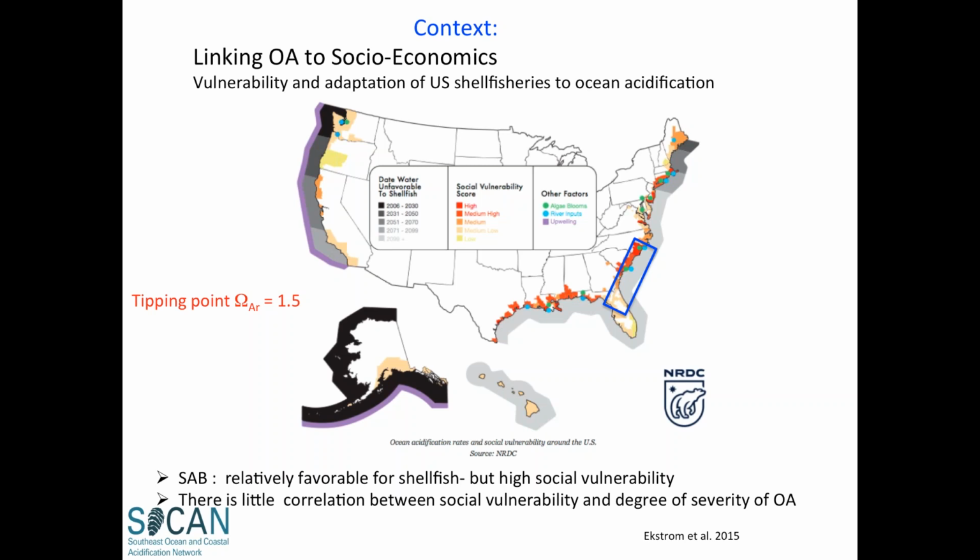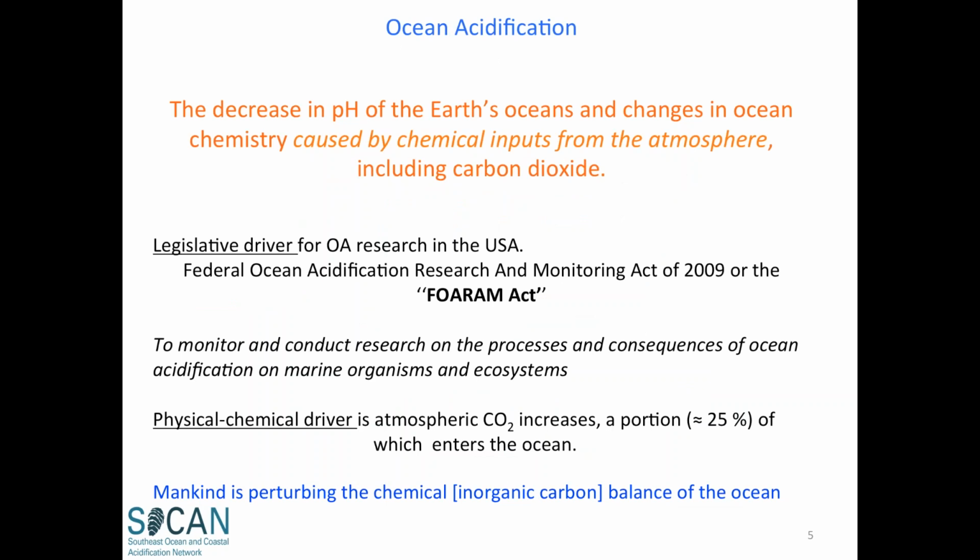Now, since we've seen incorrect interpretations of acidification, let's go to the definitions of ocean acidification as we can find in several program documents, in this case the federal act that is providing research funds for ocean acidification research in the U.S., which is called the FOARAM Act, the Federal Ocean Acidification Research and Monitoring Act.